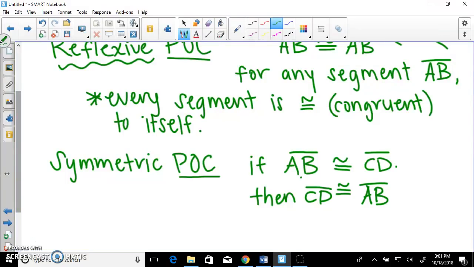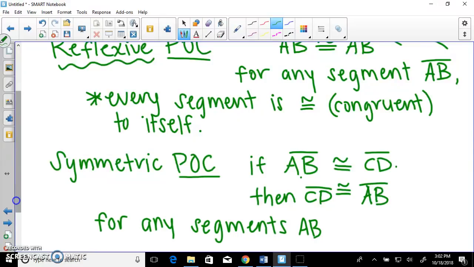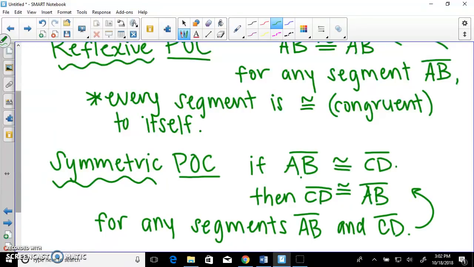So if AB is congruent to CD, then CD is congruent to AB. And this is for any segments AB and CD. It just means that it's true for any segments. So that's our symmetric property of congruence.